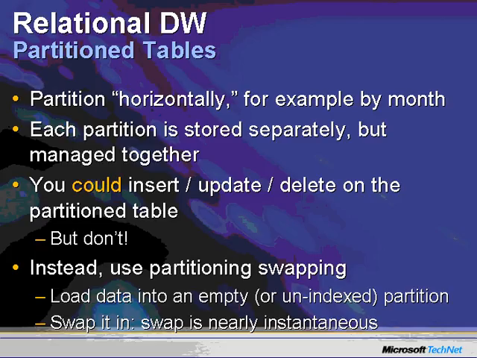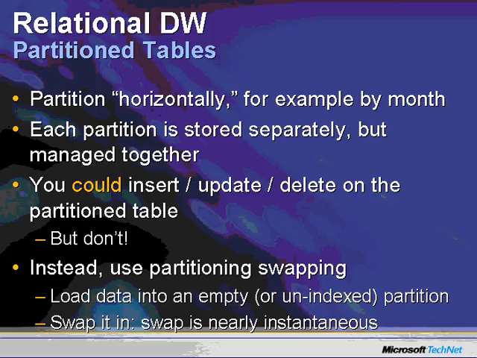I don't have enough time today to go into the details on this, but basically what you do is you would load data into an empty partition that is structured identically to your partition table. Because it's an empty partition, you can use a fast load technique on it. You would build indexes on this, I call it a pseudo partition, so that it's indexed exactly the same way as the partitioned table, and then you can swap it in.